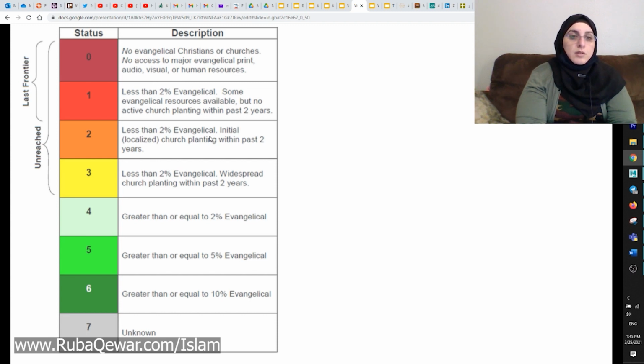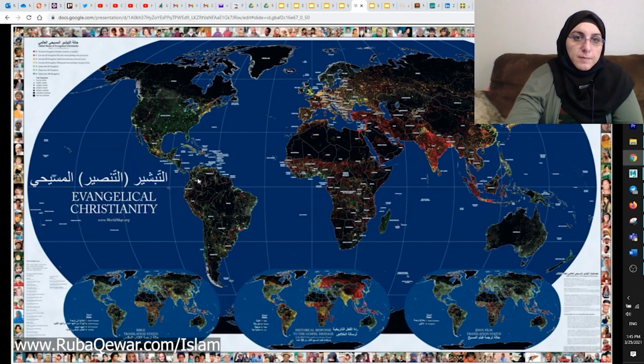Light green is greater than or equal to 2% evangelical. Green is greater than or equal to 5% evangelical. And then we have the dark green, which is greater than or equal to 10% evangelical. From red to yellow, those are called unreached.